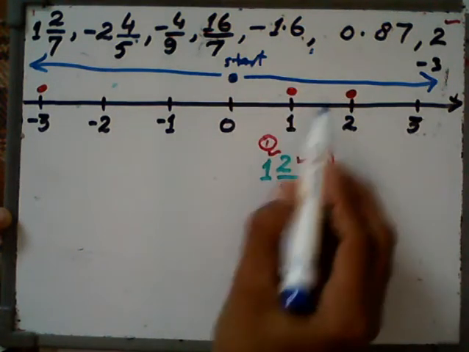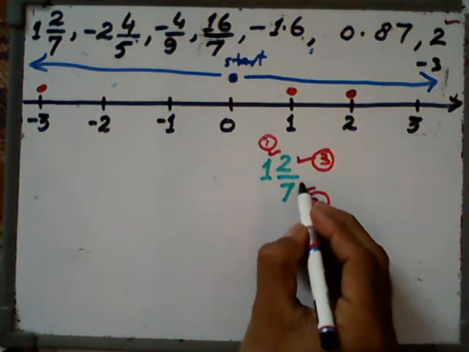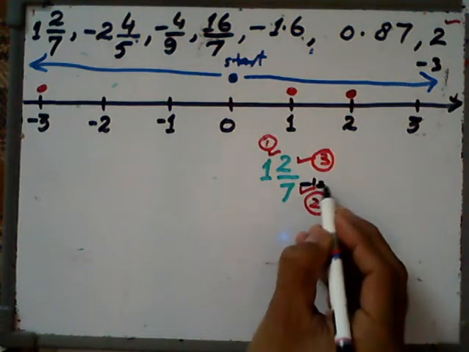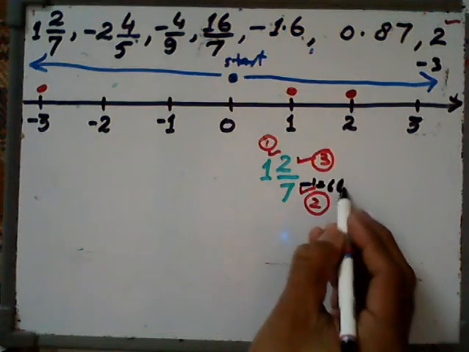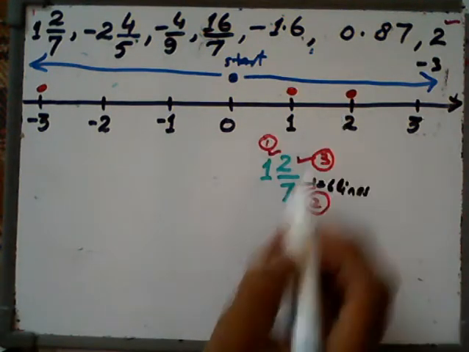There are 7 intervals, but how many lines will make 7 intervals? We subtract 1, which shows that there are 6 lines. So we'll be drawing 6 lines from 1 to 2 to make 7 intervals.